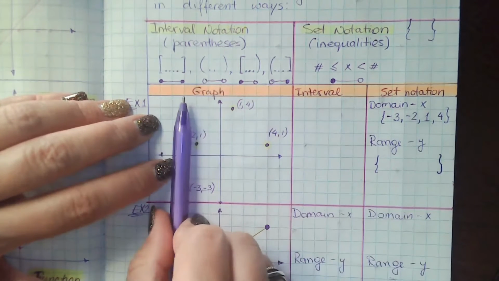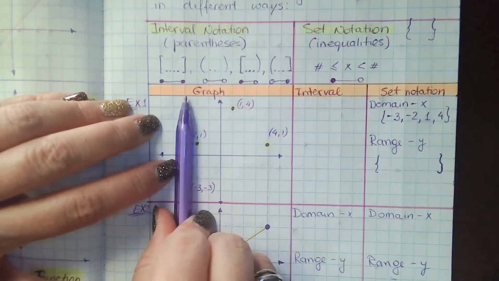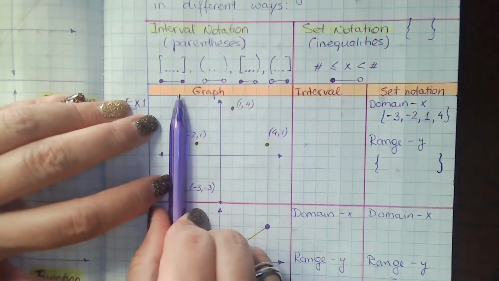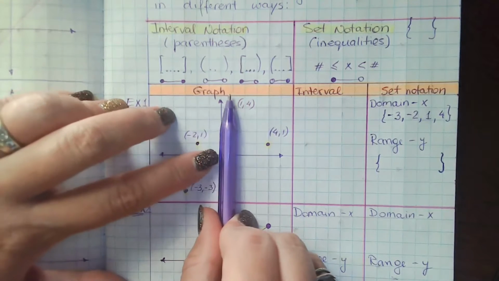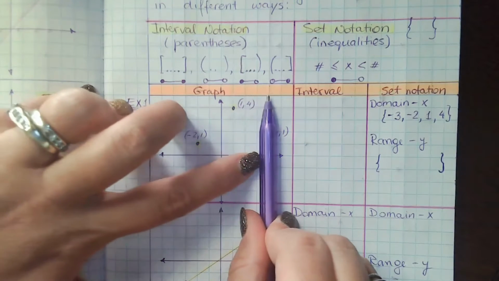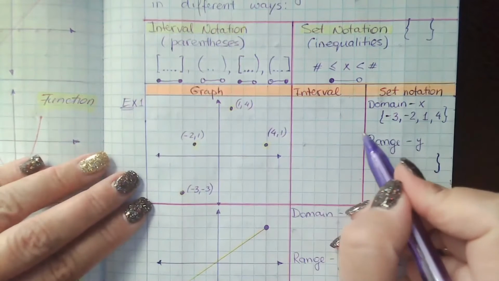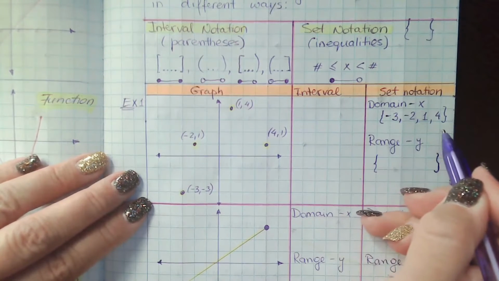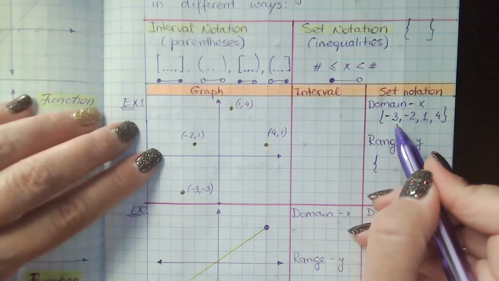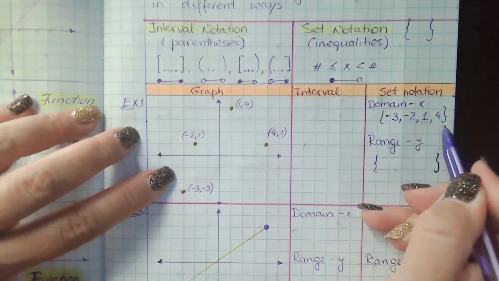If I go from the least value and move along the x-axis, I have -3 for x, -2, 1, and 4. So the domain values are the x values, and they have to be listed in order, least to greatest. So smallest being -3, -2, 1, and 4.